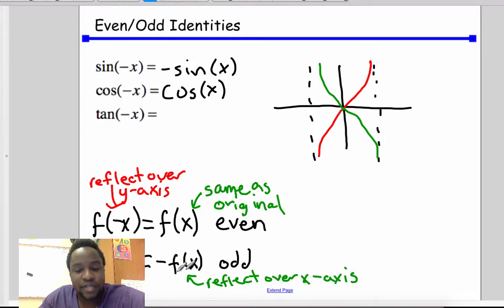Does it look to reflect over the x-axis, or does it look like neither of those two things? Well, if I reflect this over the x-axis, I get that part. And if I reflect this over the x-axis, I get that part. So it turns out that reflecting over the y-axis is exactly the same thing as reflecting over the x-axis. So tangent of negative x would be equal to negative tan of x.